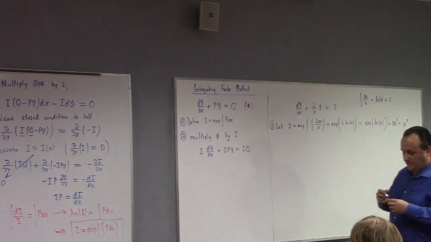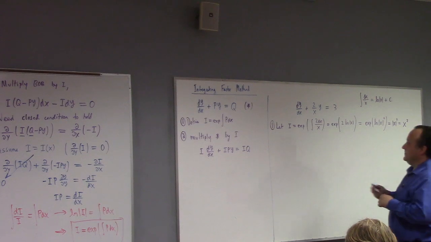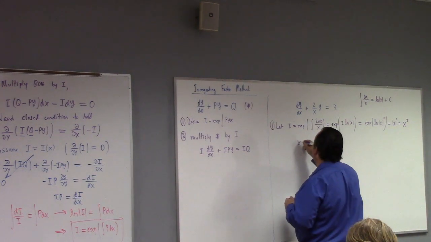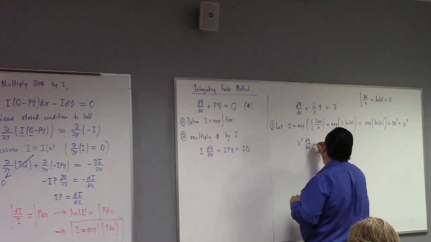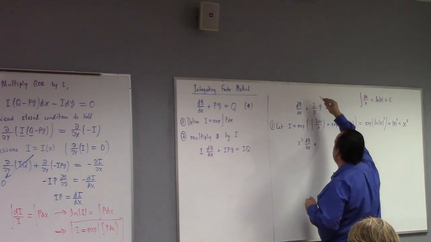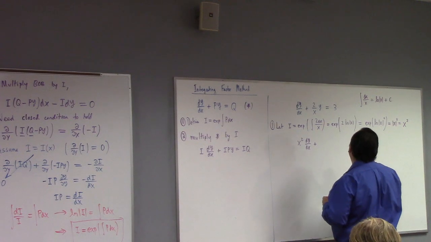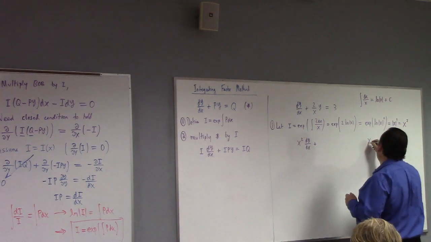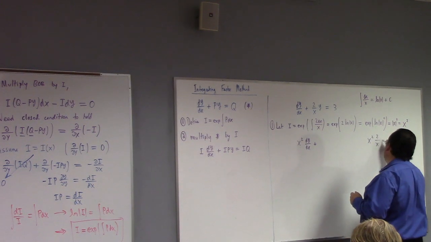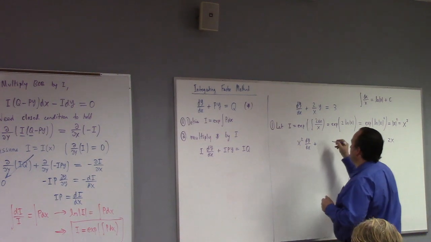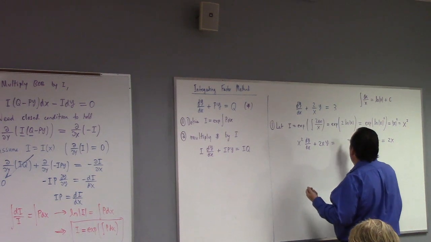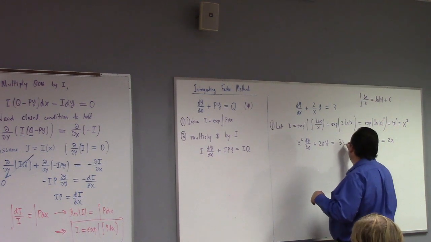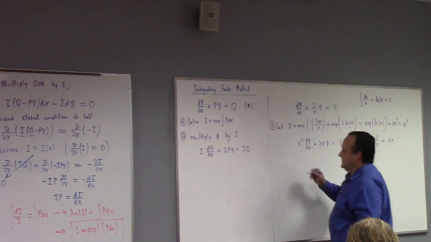And over here, for this problem, we get x squared dy/dx plus x squared times, what's x squared times 2 over x? It's 2x. So we get 2xy. And what's 3 times x squared? Well, it's 3x squared. Okay. So that was step number 2.